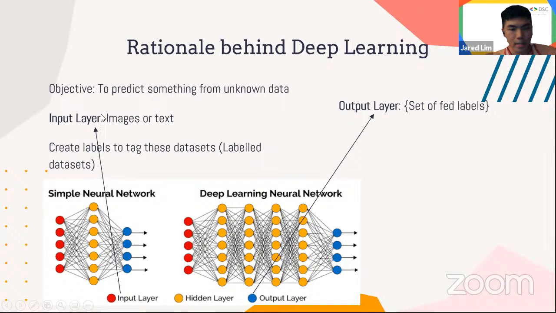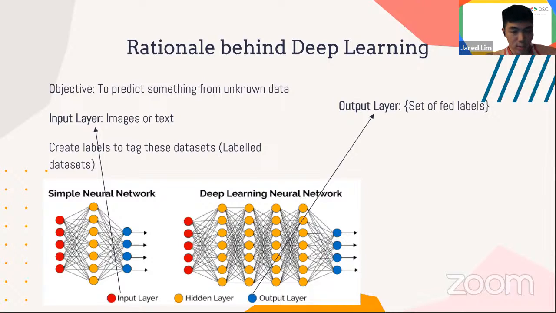So basically, for deep learning, there are mainly two kinds of classification: images or text. It's usually supervised, and we have to create labels to tag these data sets. Then our output is a set of the labels that we use to tag these data sets.